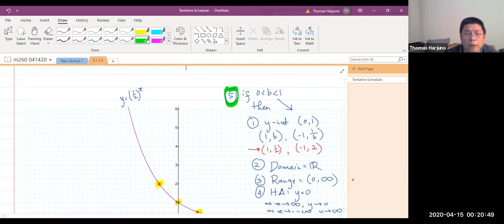Oh, by the way, we can actually look at y equals (1/2) to the x from a slightly different point of view. You can see this as 2 to the power of negative x. Let's see it this way: that equals 2 to the negative 1, to the x, which is 2 to the negative x.